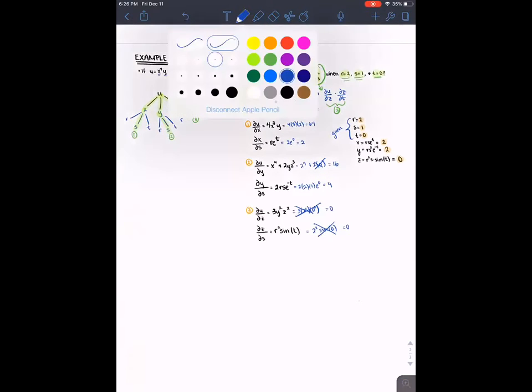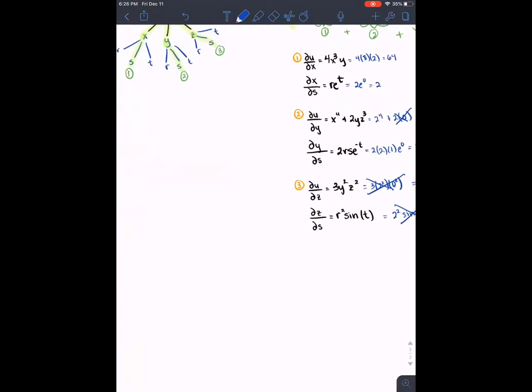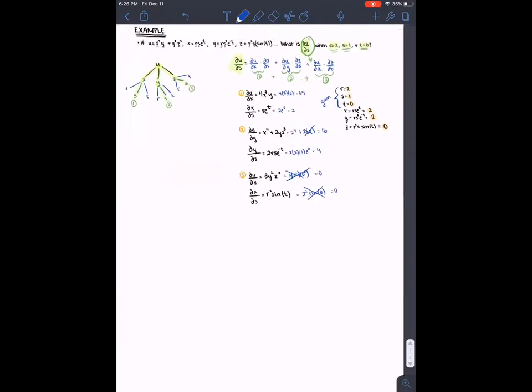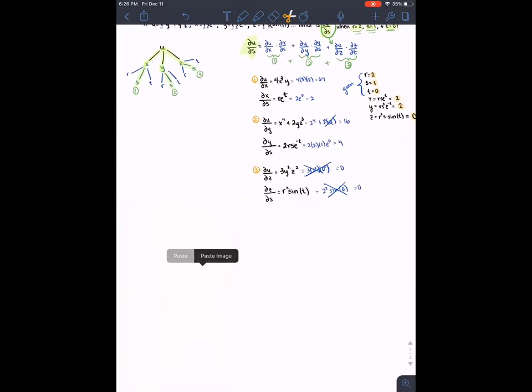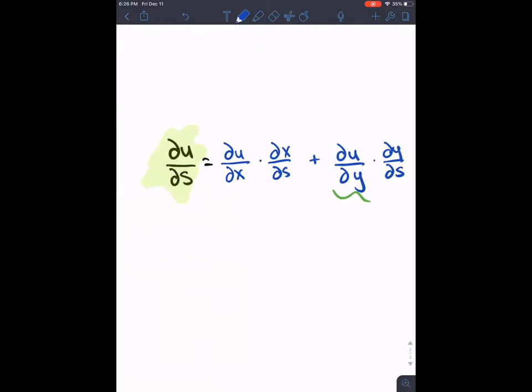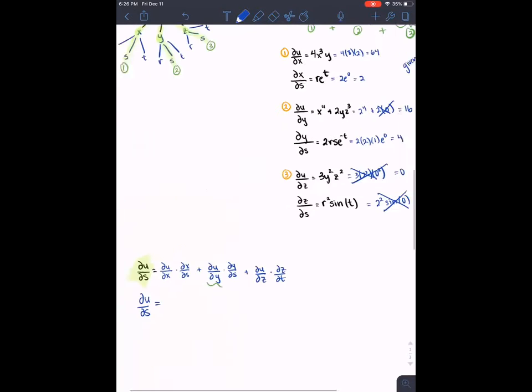So now it's just plugging it all in. Here's what I'm going to do. I'm going to copy and paste this. If we know that du ds is equal to all of these terms, we can just plug in for each of these terms now. So du ds is equal to, what is partial with respect to x?